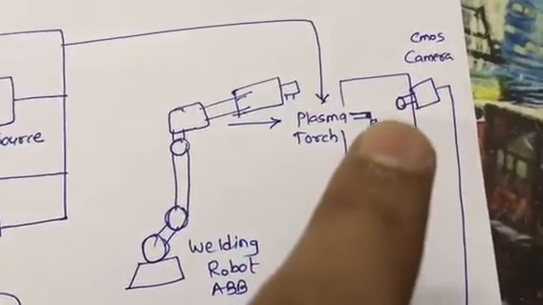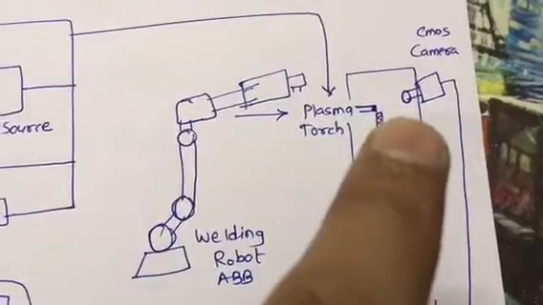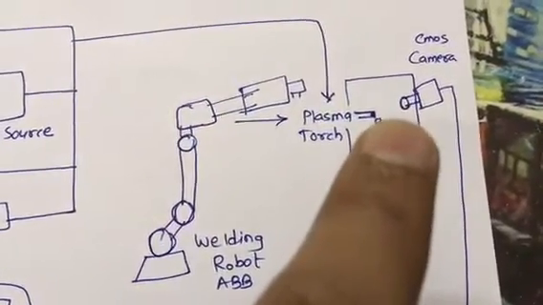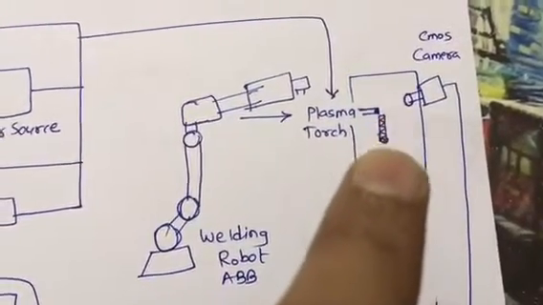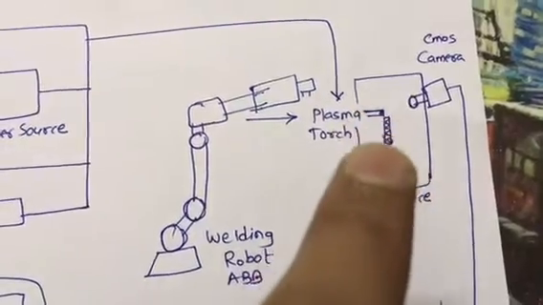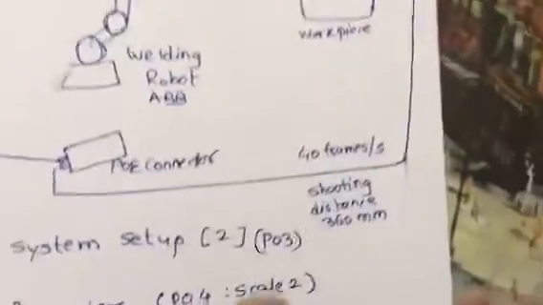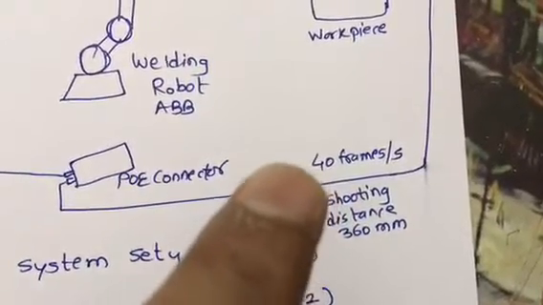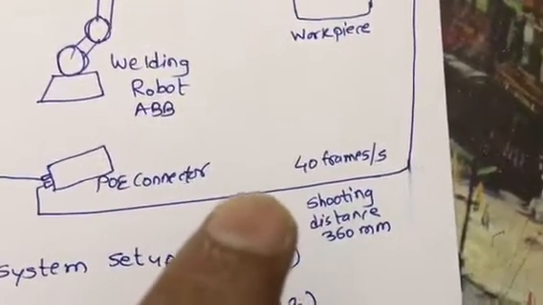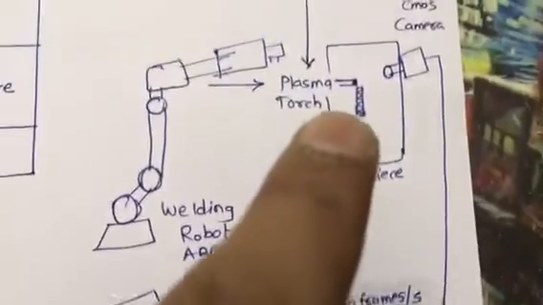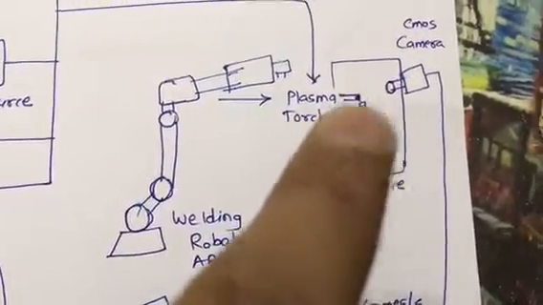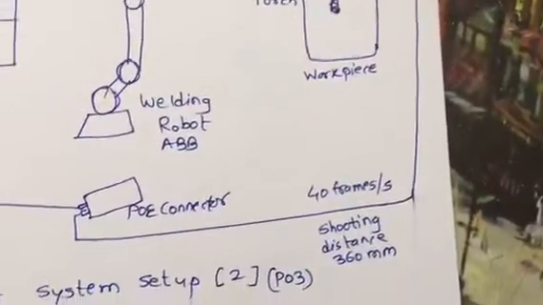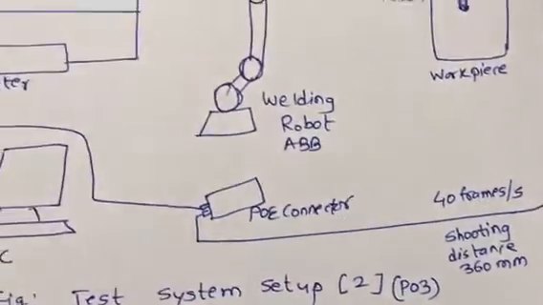Now there is a CMOS camera over here. This camera is aligned such that it will be in a position to capture the quality of welding, and you will find that the camera has a capture range of 40 frames per second, and the shooting distance is 360 millimeter. This means that this distance is 360 millimeter. Now this CCD camera is connected to the PoE connector.